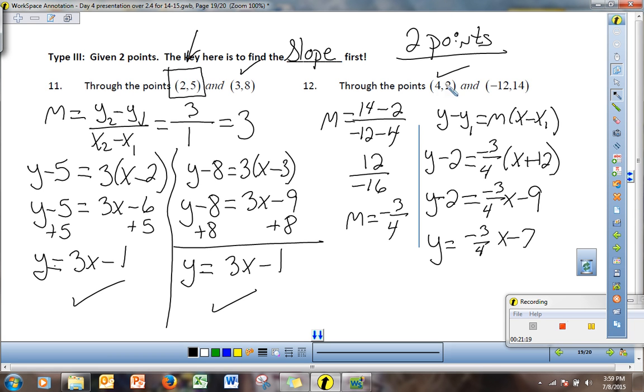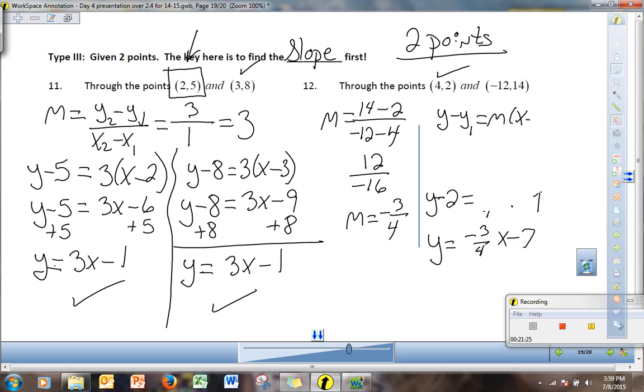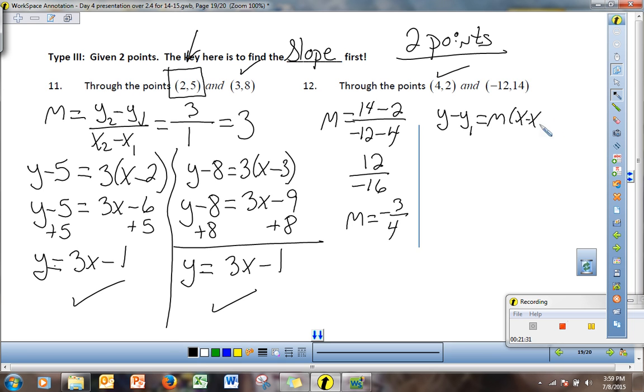I wanted to use this point, but I picked this x value. So here's what I should have had. Sorry about that. I try not to make any errors ever, of course, but x minus x sub 1. Here's what I should have had. y minus 2 equal negative 3/4 x minus 4. I don't know why I just showed you that you can't pick a point from each.